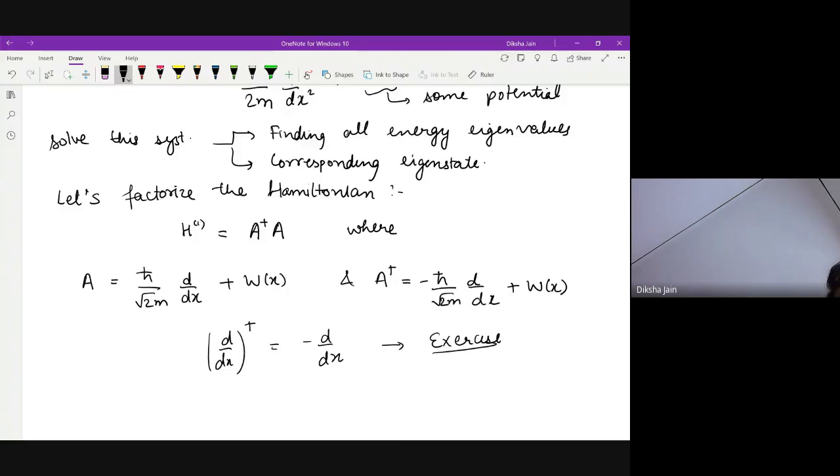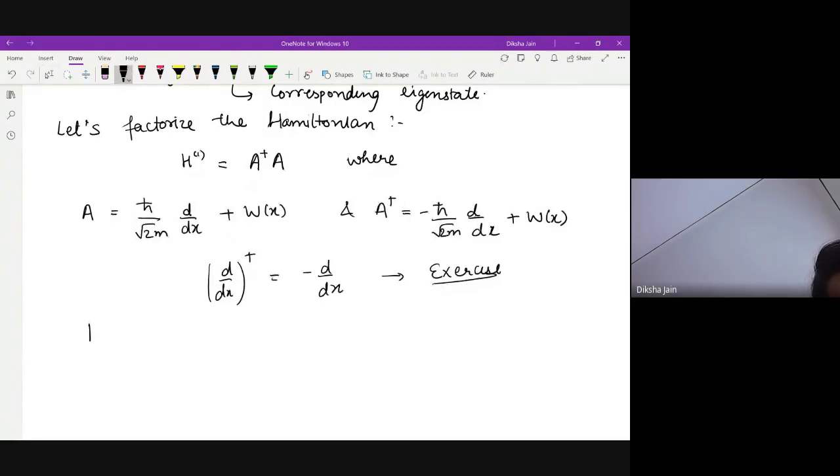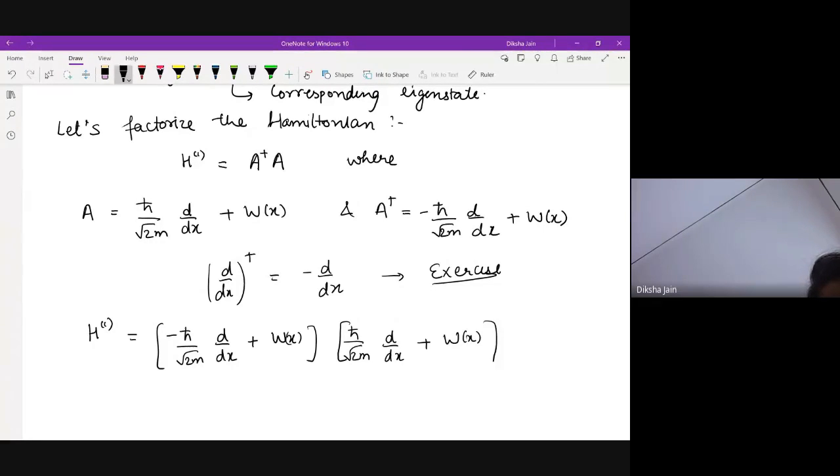Now, if A and A dagger are this, what is my Hamiltonian H1? H1 is basically minus h cross by square root 2m d by dx plus W of x, times h cross by square root 2m d by dx plus W of x. The potential W of x is real, so its dagger is just W of x. Let me apply it on some wave function psi.